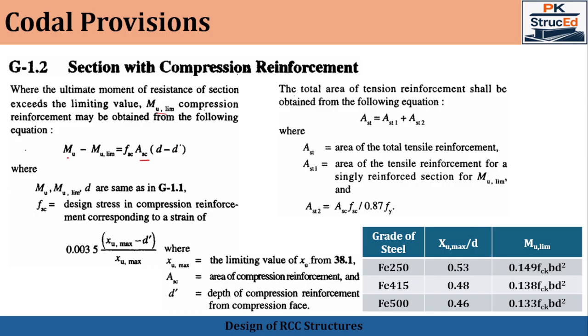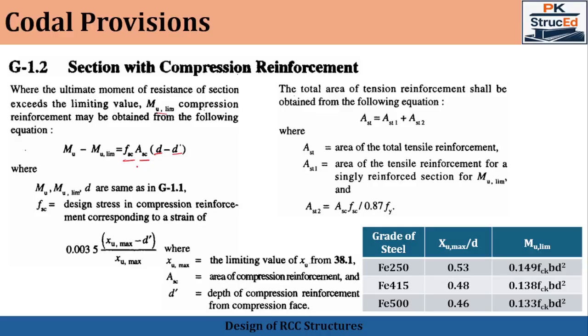Here Mu and Mu limit are already defined in G 1.1. Asc is the area of the compression steel, small d represents the effective depth, and small d dash represents the effective cover to the compression reinforcement.